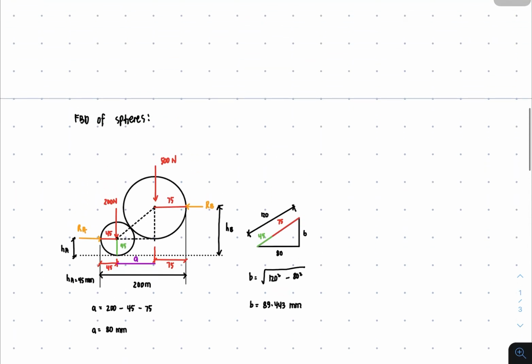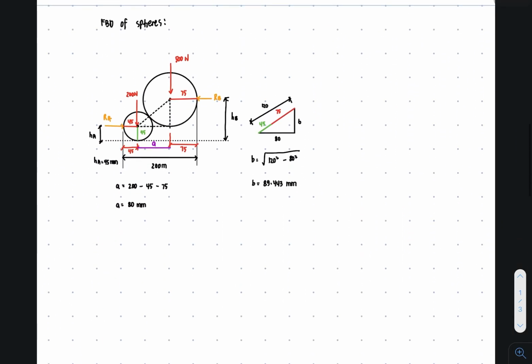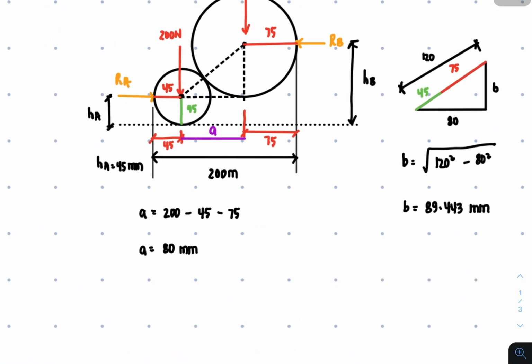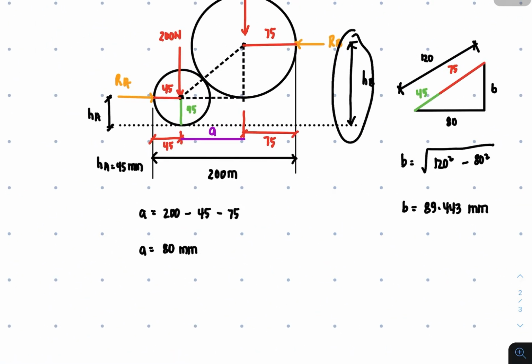Okay, so if that would be the case, then we'd be able to solve for HB. Since this is HB and this is 89.443, we could subtract it here, or we could add that one to solve for HB.